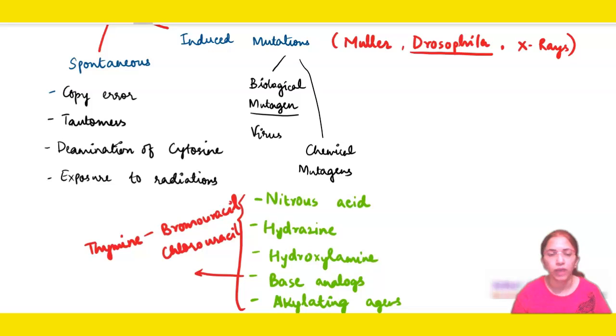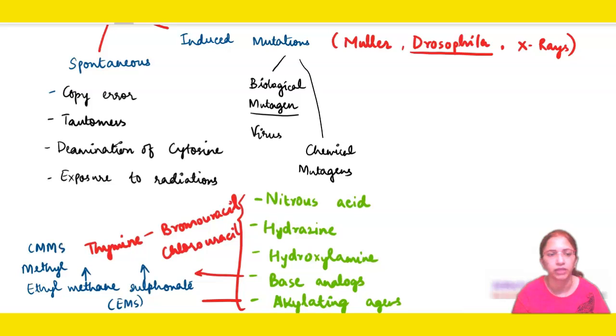Right. So alkylating agents are also important, and ethyl methane sulfonate, which is abbreviated as EMS, and methyl methane sulfonate, which is abbreviated as MMS.